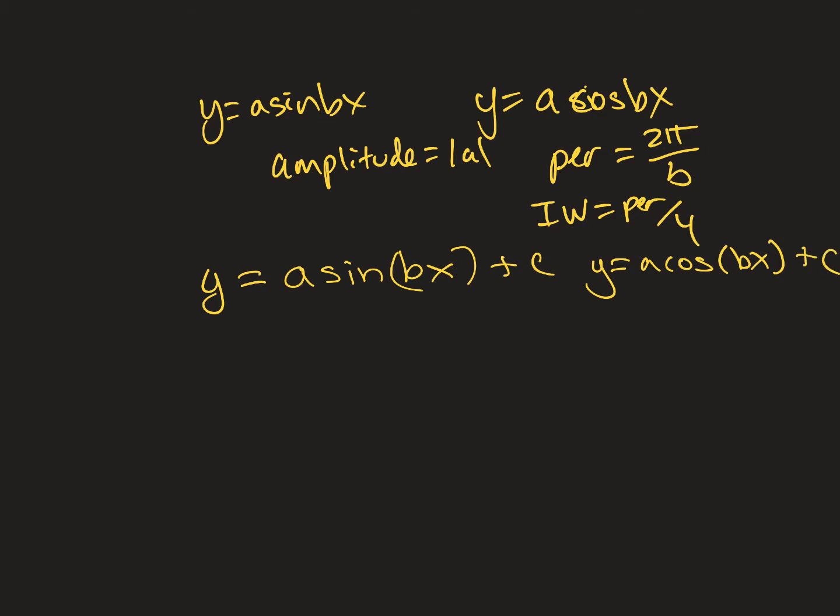What do you think that c is? Well, that's like it always has been, a vertical shift. And so that'll change our midline. Thus far, our midline, or equilibrium, has been the x-axis, but that'll change if outside that trig function we are adding or subtracting some particular value. So the vertical shifts tend to be easy, again, a range effector.